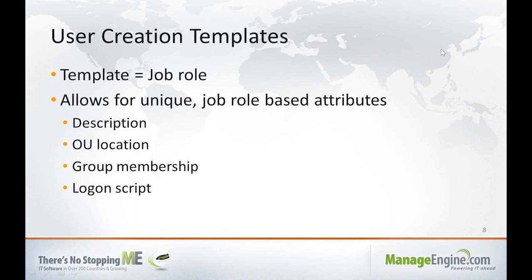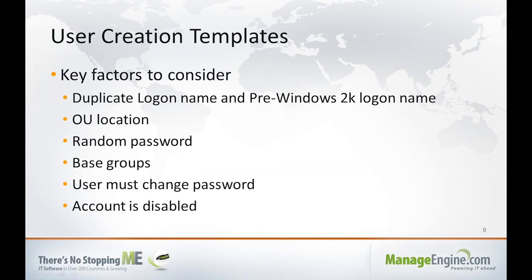Now, it allows for unique descriptions, OU, group membership, logon scripts, home directories, and the like. Okay? Now, I do want to mention some key factors for the creation of the templates. First of all, make sure that you specify the naming convention for both the logon and the pre-Windows 2000 logon name. Make sure you pick the OU.